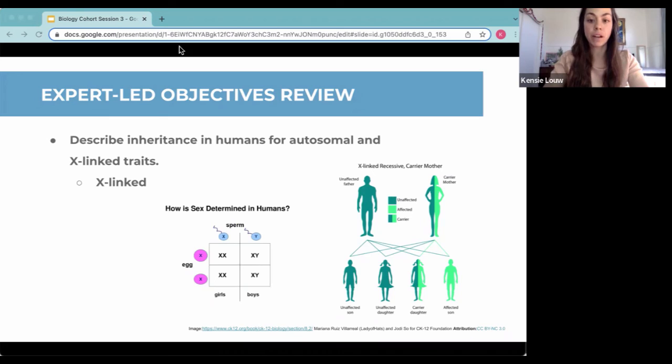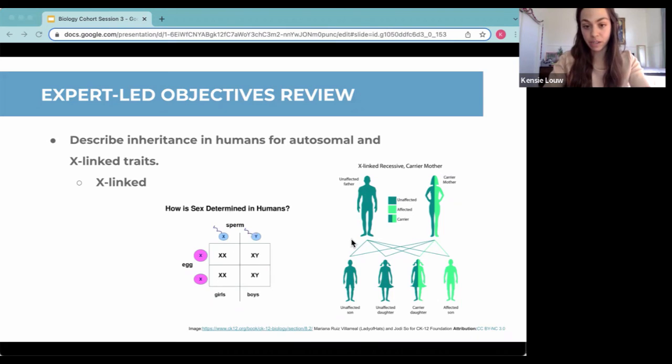So an example of a recessive X-linked trait is red-green color blindness. And so maybe you've heard before that it's more common for males to be colorblind than it is for females. And that's because the gene that controls red-green color perception is on the X chromosome.